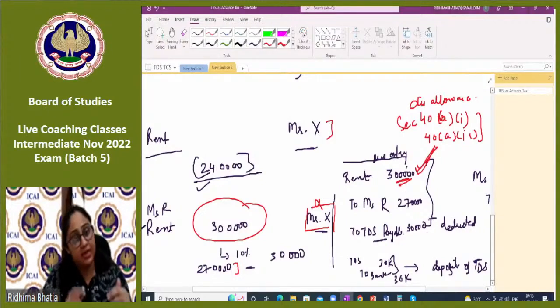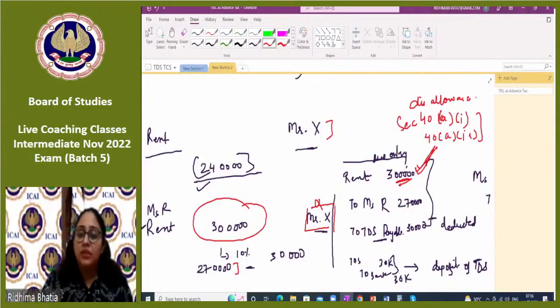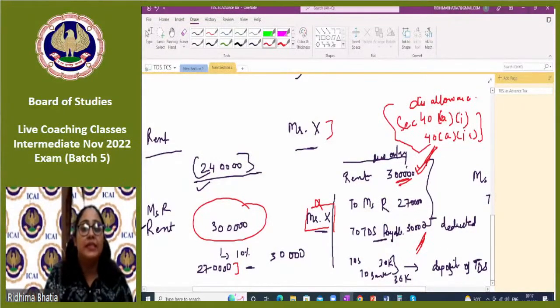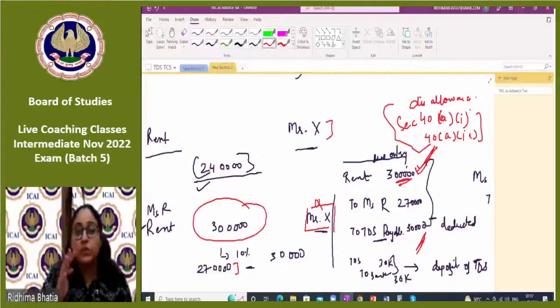So that's why Mr. X is very sure that he has to deduct TDS, and he has to deposit it to the government. Both these entries have to be done before filing the return of income. This is not in your TDS section; this is there in your PGBP section. Relate your sections from one to another. So this is the story of TDS.